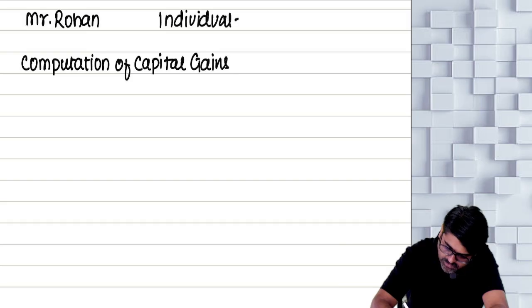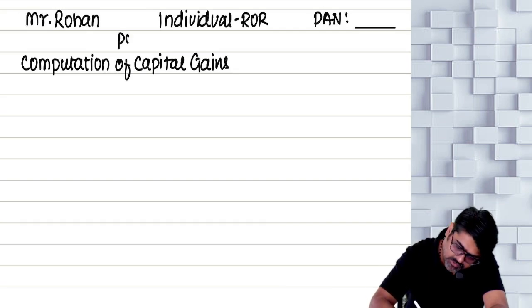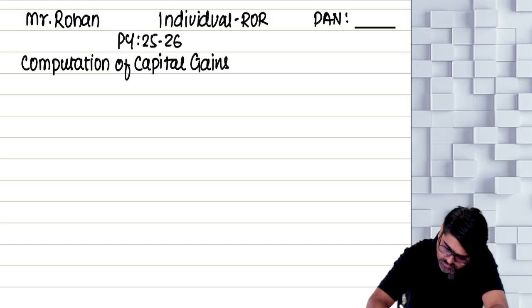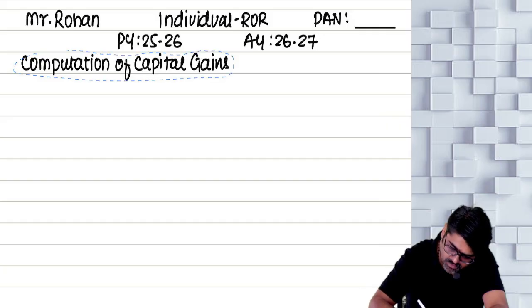Nothing mentioned, then ROR. Previous year 25-26, assessment year 26-27. Computation of capital gains.